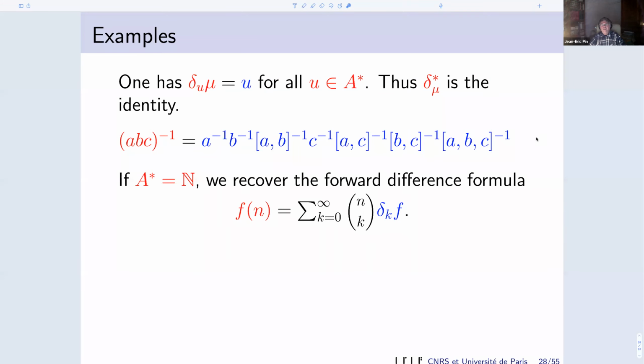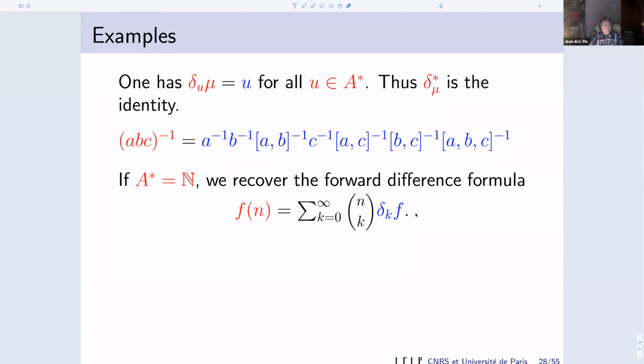You get this formula, which I've never seen in the literature. That's a curiosity about commutators, but of course you can get as many as you want. The interesting point is that if you go back to A star equal n, you recover the original forward difference formula, because now this is commutative, so we can group the elements.